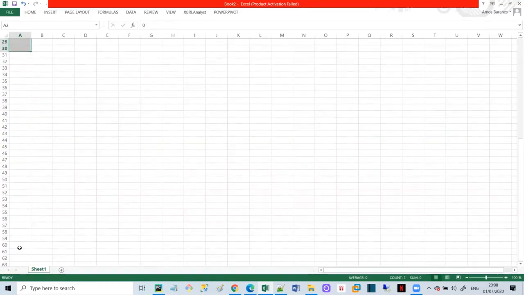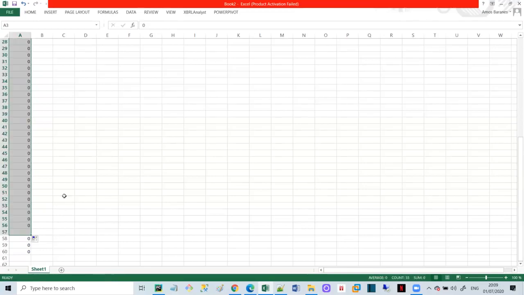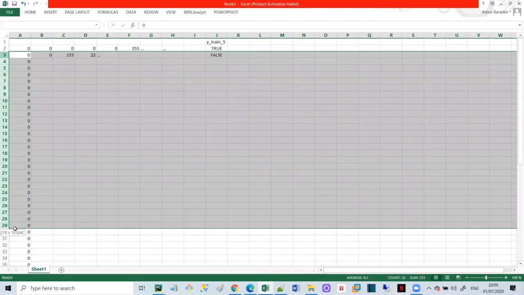Let's say I have 60 rows. I'll just make some numbers here. Instead of 60,000, every one is a thousand, okay? So I have a lot of zeros, and usually in the beginning of a picture, it's all zeros. So I have 60,000. I take the first 40,000.